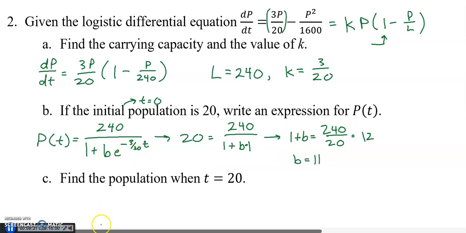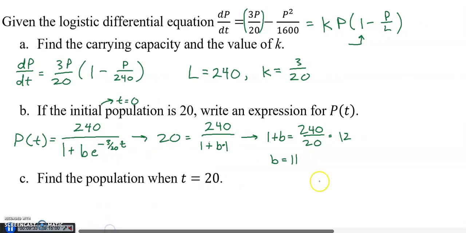That's the only thing that was missing. So we have P of T equals that whole thing, but replace the b with 11. So 240 on the top, and 1 plus 11e raised to the negative 3 over 20t in the denominator. So there's our population function.